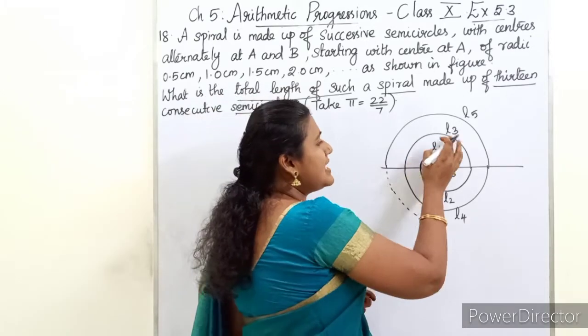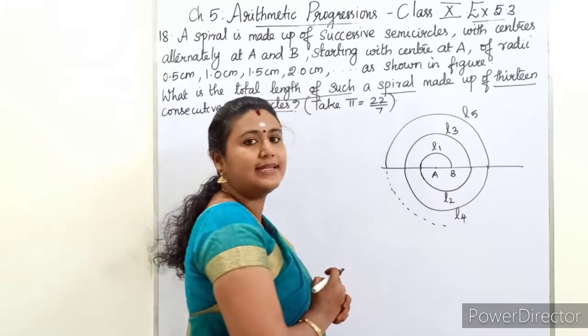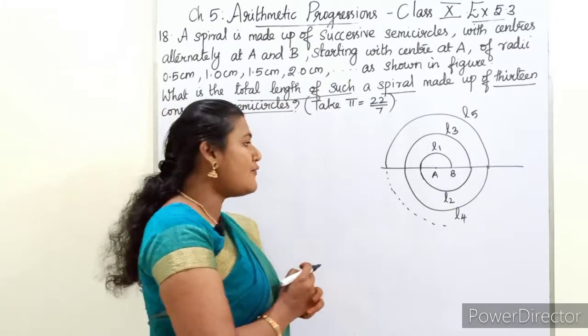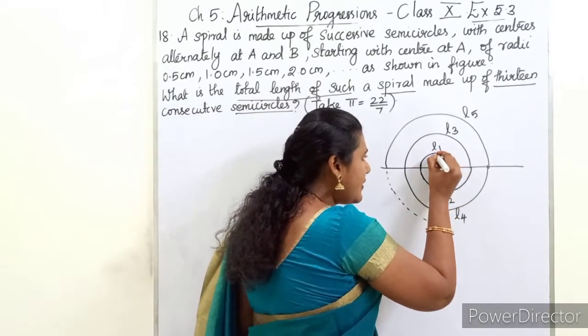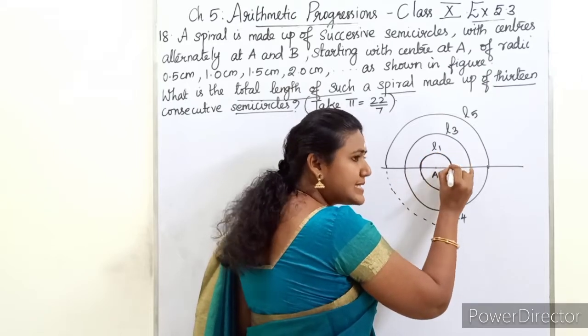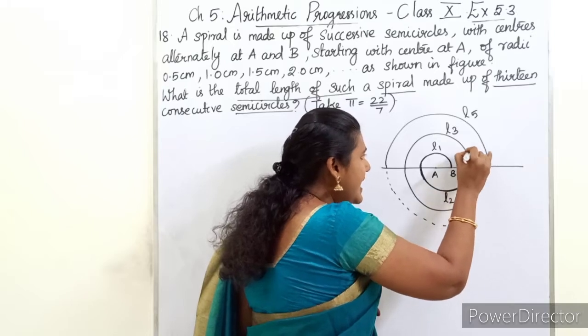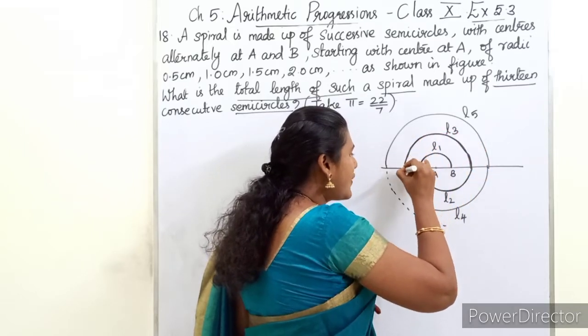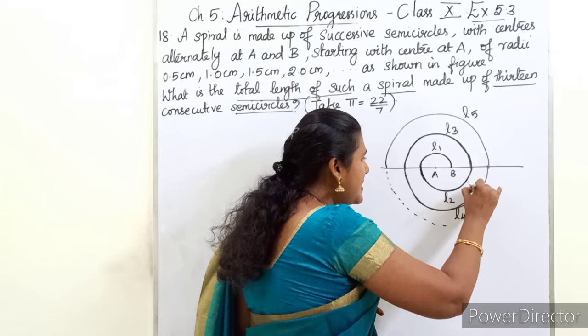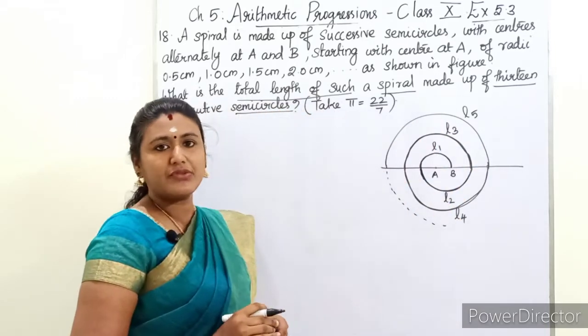So how will you find this length? Actually, we have to find the length of the spiral. L1 means the length of this semicircle. So L1 plus L2 plus L3 plus L4. If you add all these semicircles, we will get the length of the spiral.